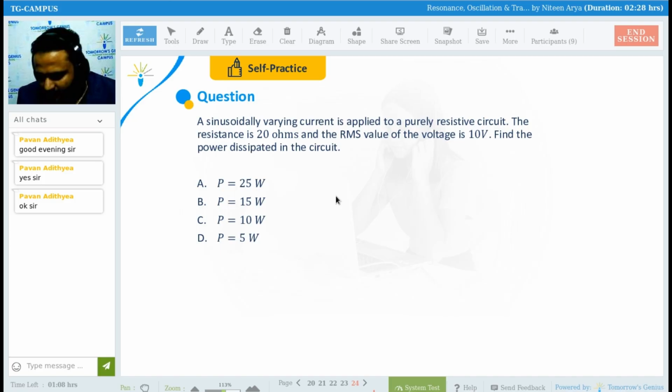Purely resistive circuit, so I think now you can find the power. That much time you need for this? Seriously?